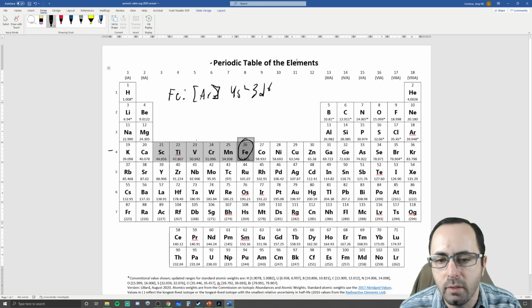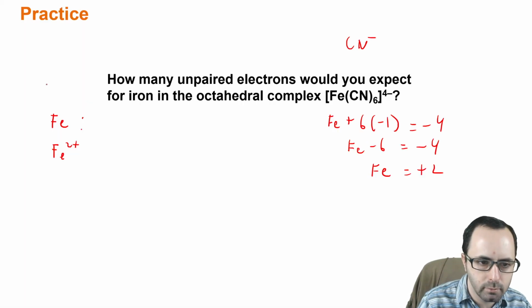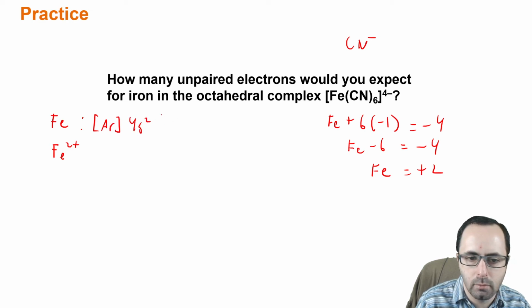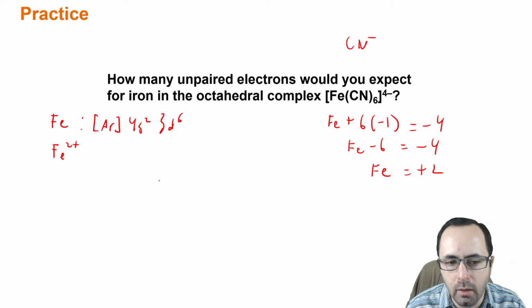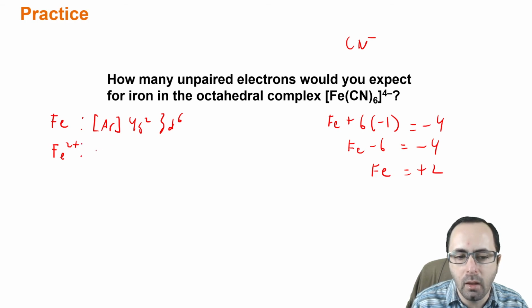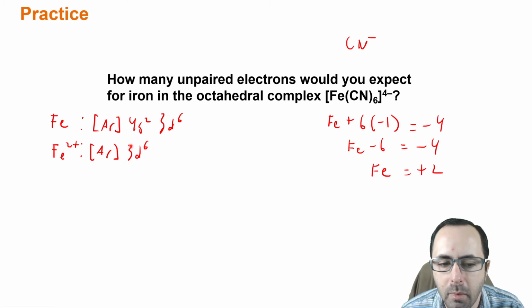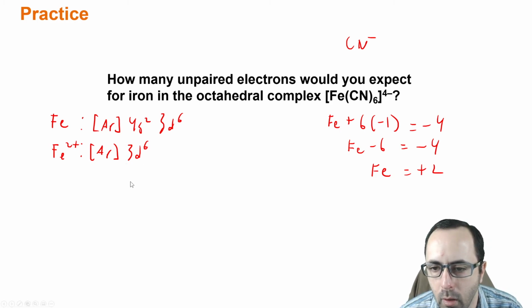So argon 4s2, 3d6. Now we're doing iron 2+, so it's going to be the 4s electrons that are lost, so its electron configuration will be argon 3d6. So there's going to be 6 d electrons, and that's what we really want to know.